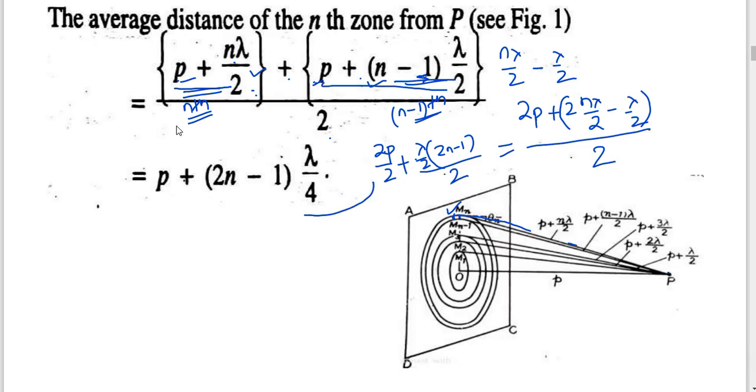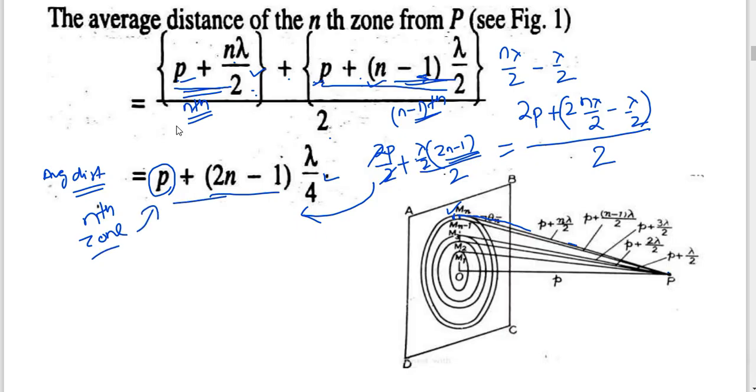The 2s cancel, so this part is P. And the next part is 2n minus 1 lambda divided by 4. So this is the average distance of the nth zone from this point. From point P, the average distance of the nth zone will be P plus 2n minus 1 lambda by 4. Okay, now let's move to the next part.